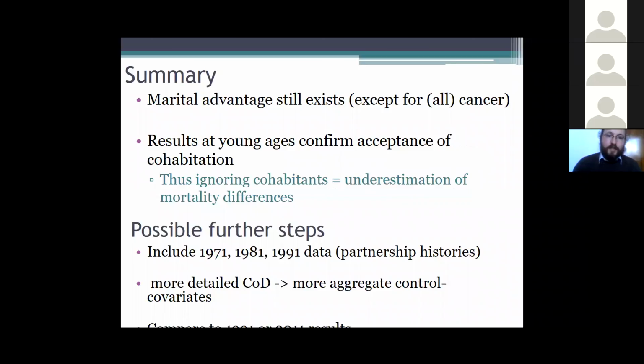To summarize the results, as I said, the marital advantage still exists, except for cancer if it's seen as one group. If you split it into several cancers, for one or the other, we might find a marital advantage.